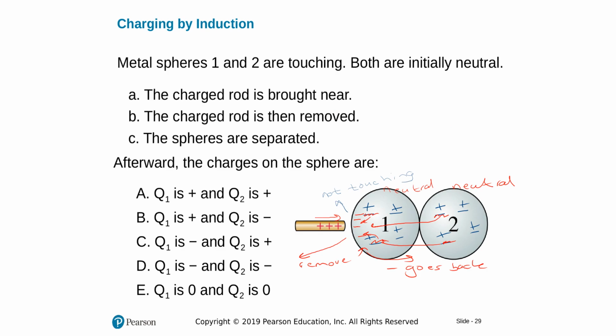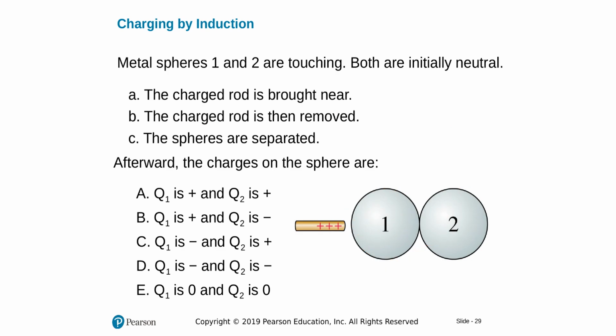These are some examples I'm going to go over very quickly. If I have something charged, we can charge other things with it by touching. Touching is conduction, charging by conduction.